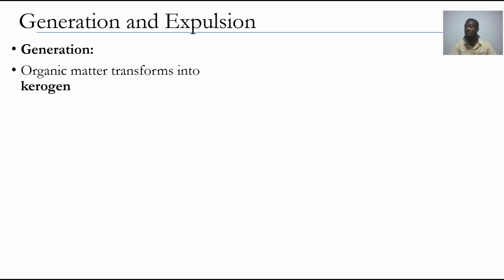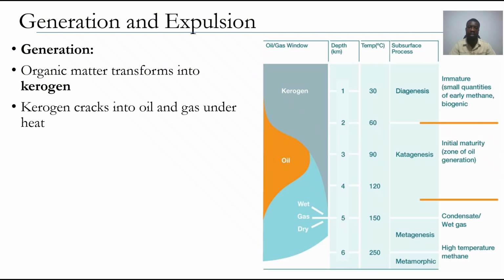And when we get this organic matter, that is remains of plants, animals, algae, plankton, with increase in pressure and temperature, this organic matter is being converted into what we call kerogen. And so this kerogen is the initial ingredient that we need for the hydrocarbon to be generated.